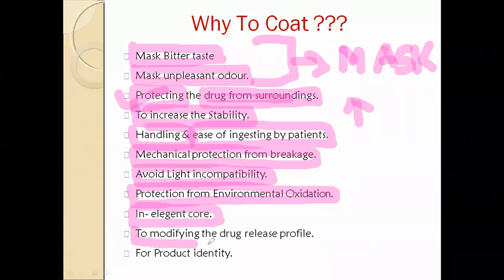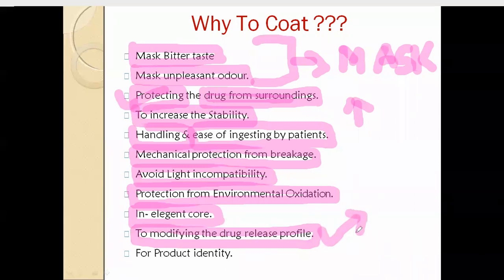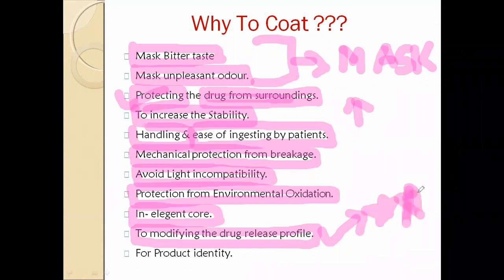One of the most important reasons why we go for coating is to modify the drug release profile. So you can modify the release pattern of your tablet dosage form. We can say this is a very important property for a formulation scientist, when we want a specific release to be achieved by our dosage form.